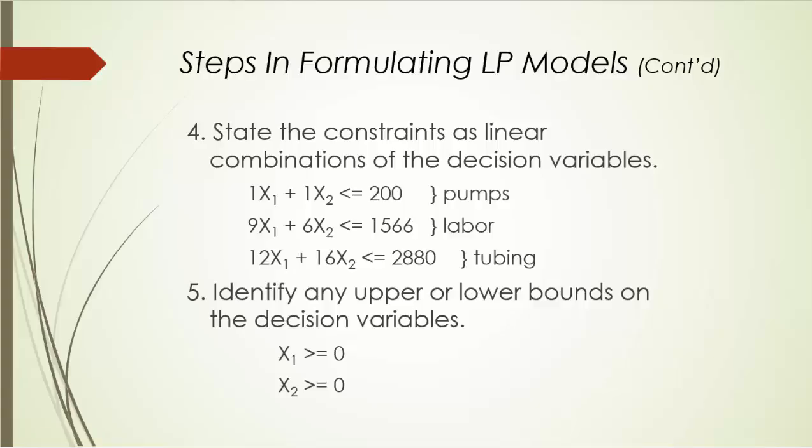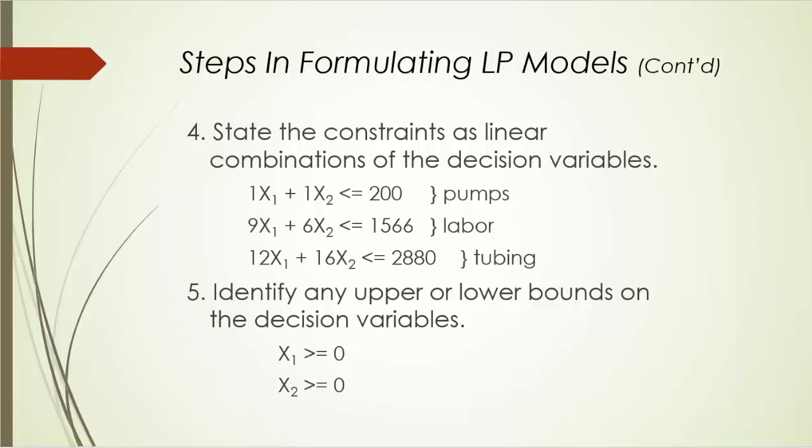Similarly, for the labor constraint, the number of hours of labor needed next month cannot be more than the number of hours of labor available next month. The number of hours of labor needed next month is 9 times x1 plus 6 times x2, and the number of hours of labor available is 1,566 hours.